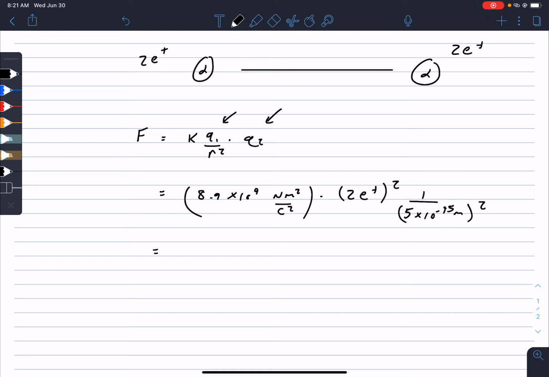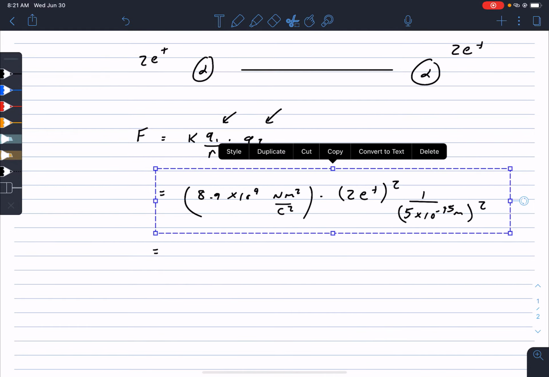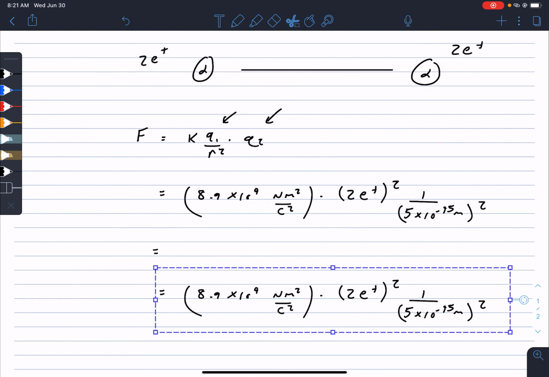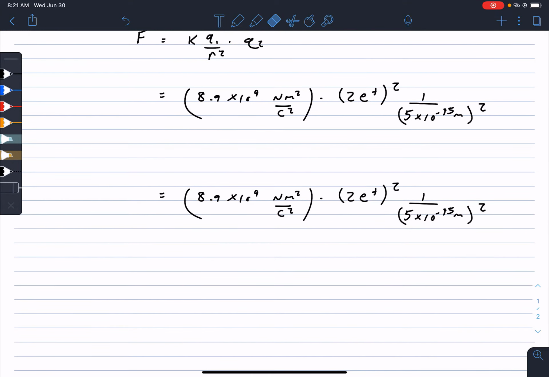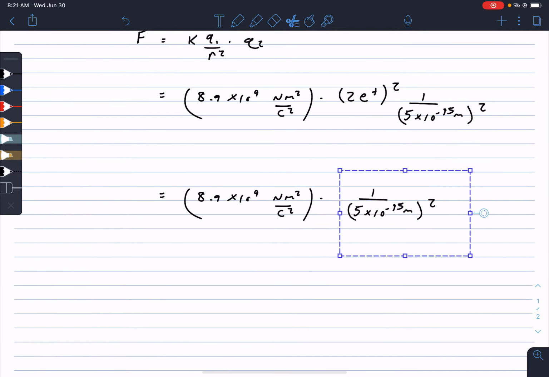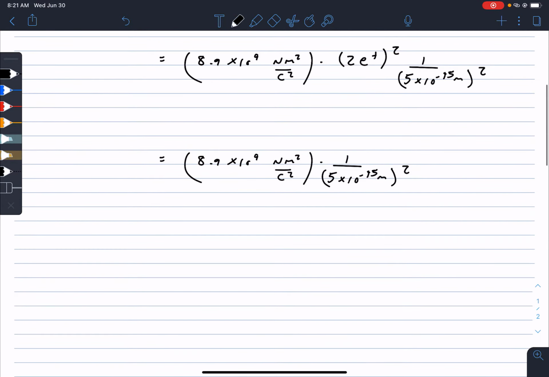Let's write down the actual value of the charge so that we can see what we are working with here. There we go.